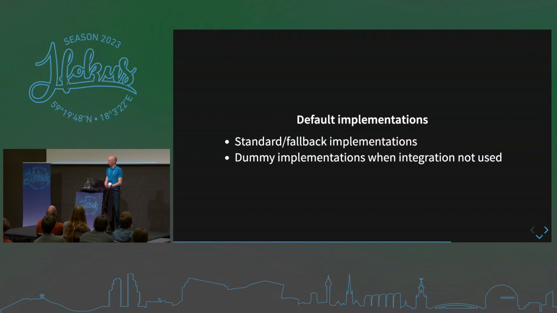You can have default implementations. There are cases where you have a standard case. This is the way we want the system to work, but for some reason or another, one customer wants it in a different way, or there's some way that you want to have a specific implementation in one case, but in the main case, you want a standard way.